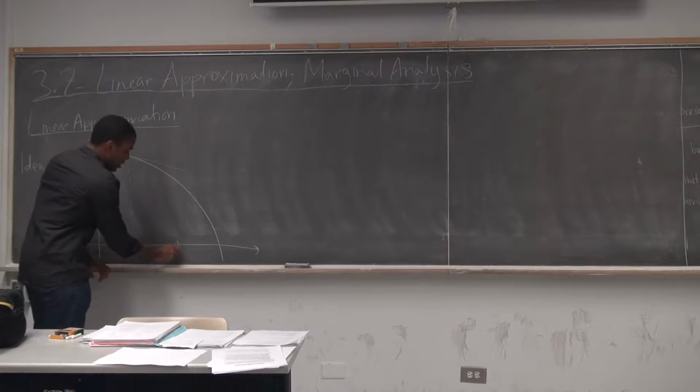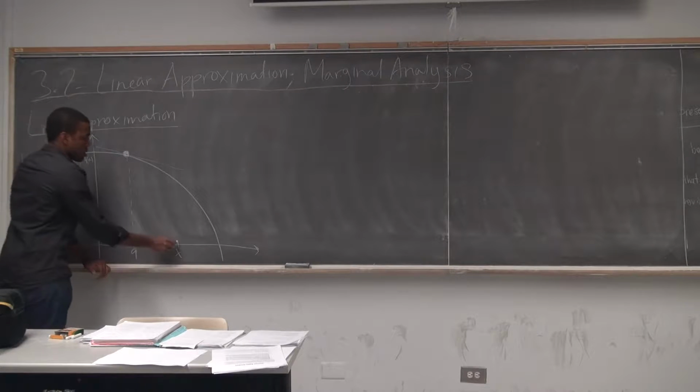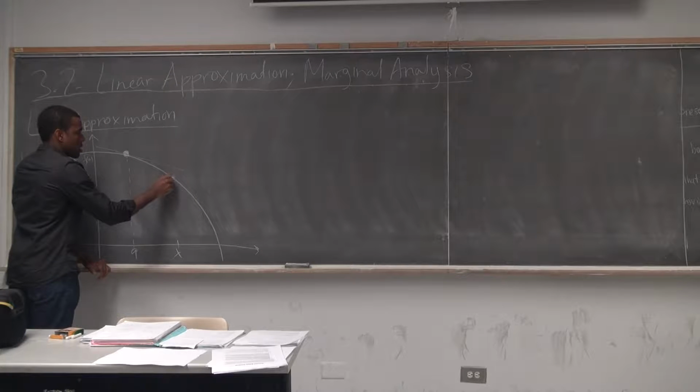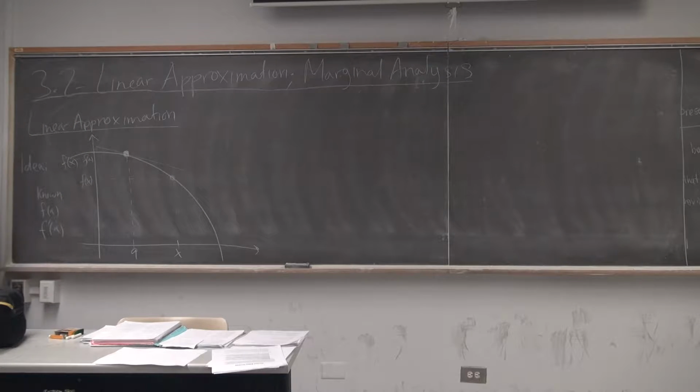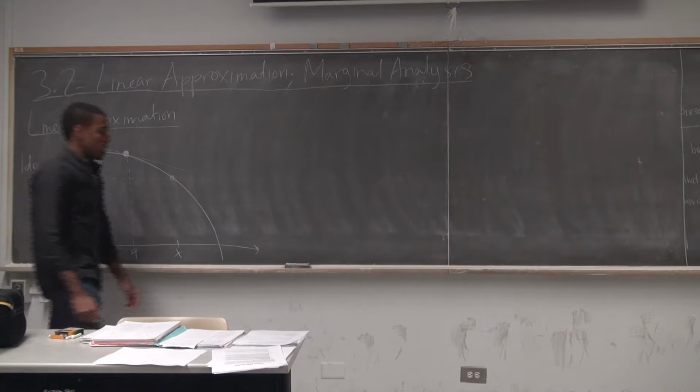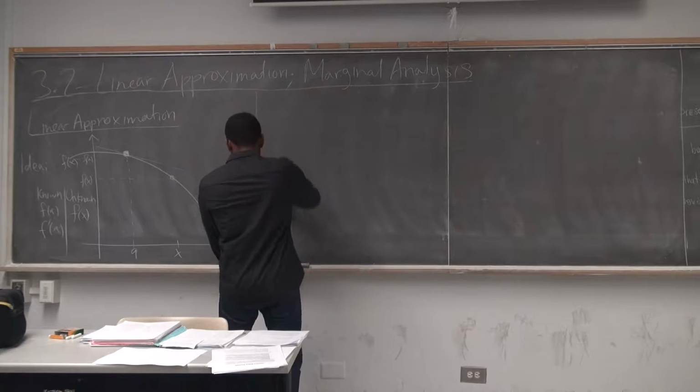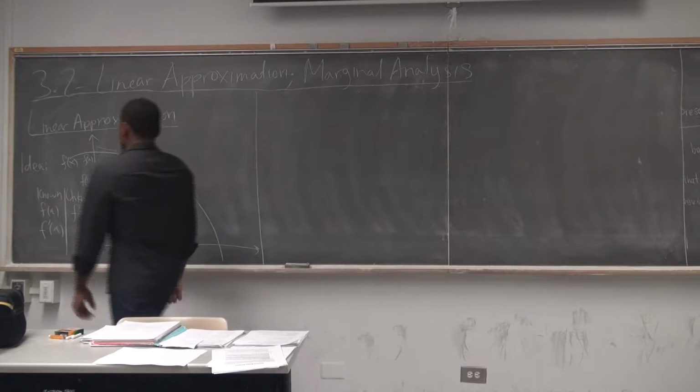Now there's another point somewhere over here called x. The corresponding y value for x is not known. So let's say the unknown is f of x. There might be various reasons for why this is not known.